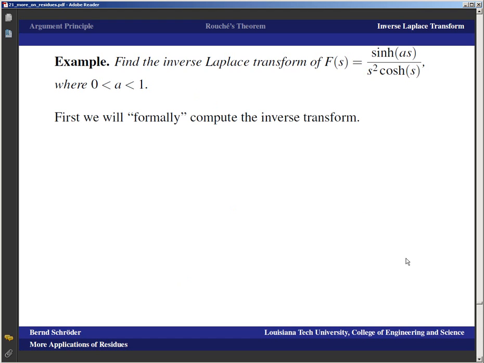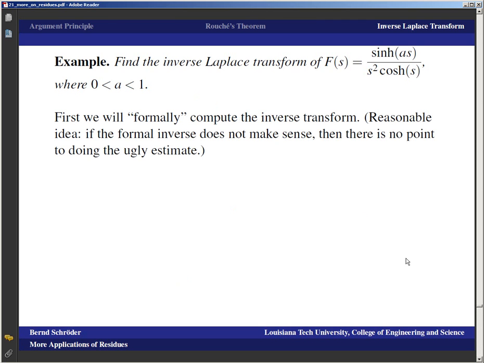Okay, so what we're going to do here is we will first, as mathematicians and scientists often say, formally compute the inverse transform, and that is a reasonable thing to do, because if that formal inverse doesn't make sense, then there is no point in doing the ugly estimate that shows that that inverse works out. So we have to find that inverse formally anyway, and if there's also already something fishy with that, then we might be able to save ourselves the heavy lifting.